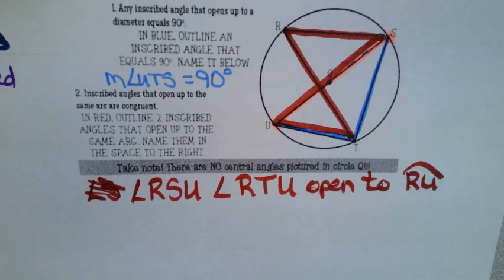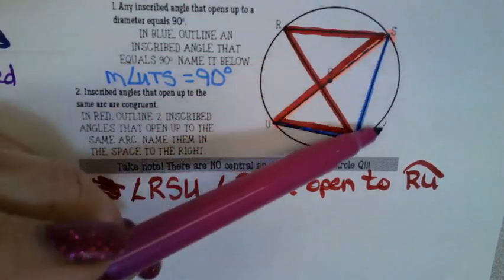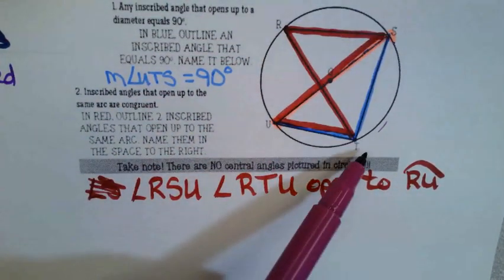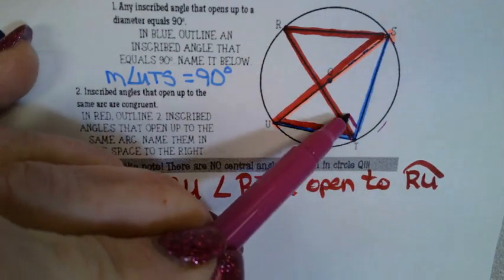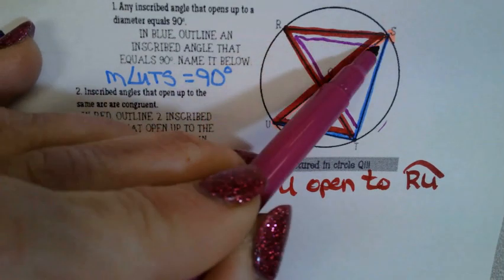Now, what you may have noticed, and I'm going to do this in pink just so that you can see it more clearly, is this arc ST also has 2 inscribed angles opening to it. And I'll just put it on the inside here so you can see it.